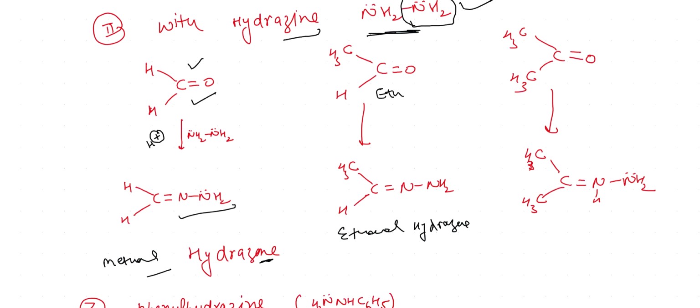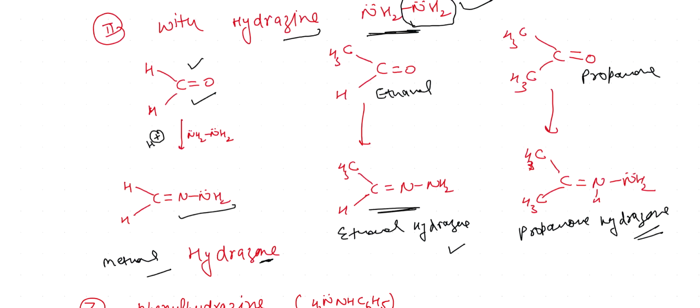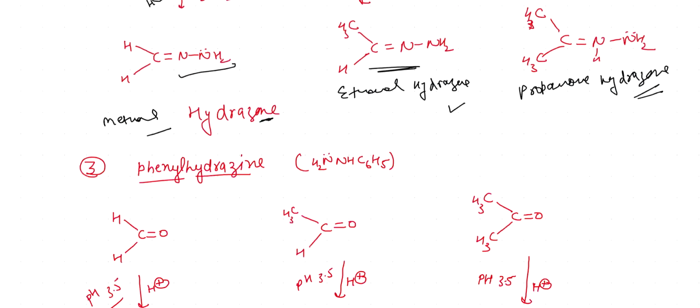In this you are using propanone as a reactant, then the product formed is propanone hydrazone here. So the product we get from hydrazine is hydrazone, in which there is formation of a double bond between carbon and nitrogen. Okay. The next one is phenyl hydrazine.